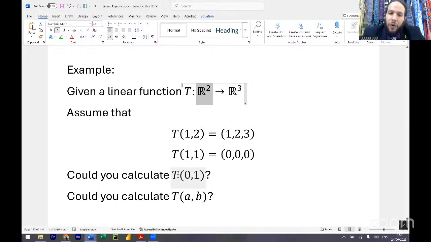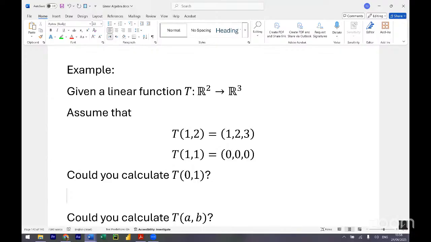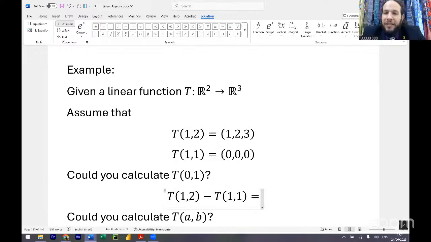Okay, so now, Thomas, first, can you calculate T of (0, 1)? Yes. How? Because we have T of (1, 2) and T of (1, 1), we can subtract T of (1, 1) from T of (1, 2) and get (0, 1). And think about it as distribution. Take T as a so-called common factor, and it's allowed because that's the rule we know about linear transformations. The minus here does not cause any harm because it's a scalar that can go into the function.